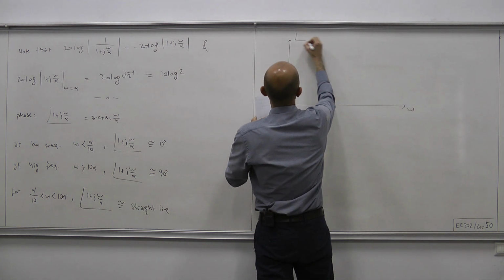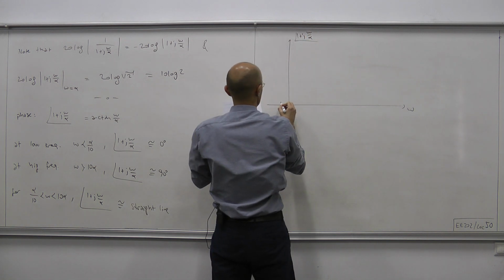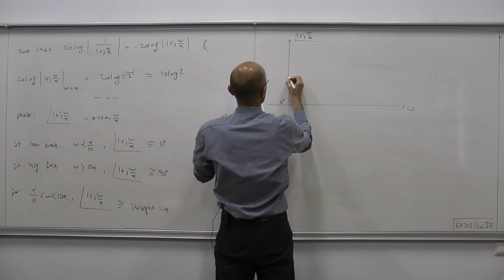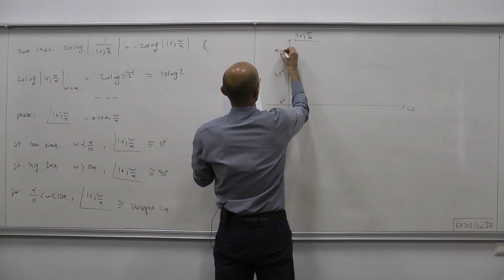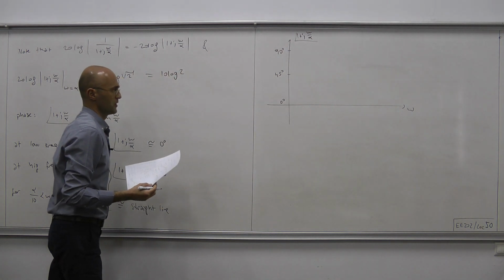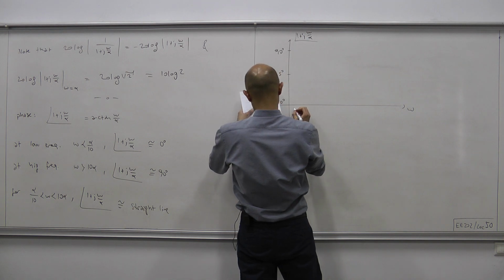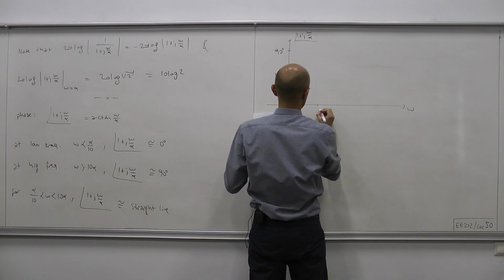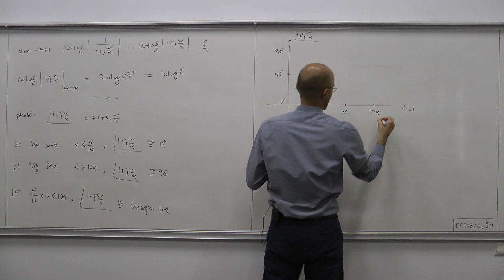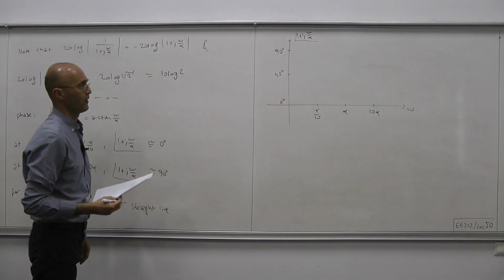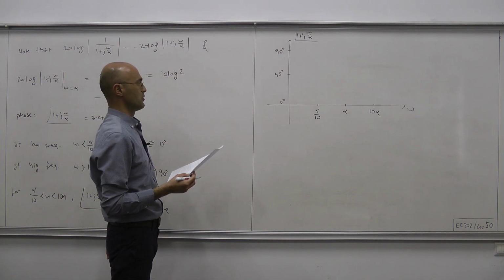Omega, phase of 1 plus j omega over alpha. This is 0 degrees, 45 degrees, and say 90 degrees. Here we have alpha over 10, alpha, and 10 alpha. Now let's obtain the asymptotes.